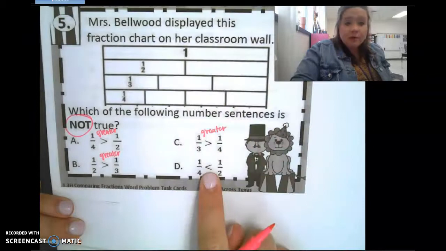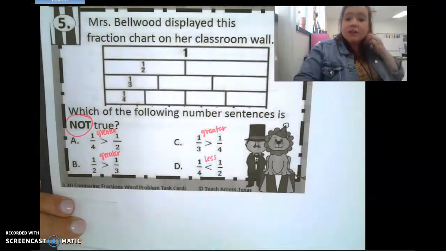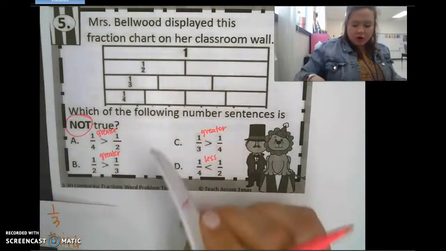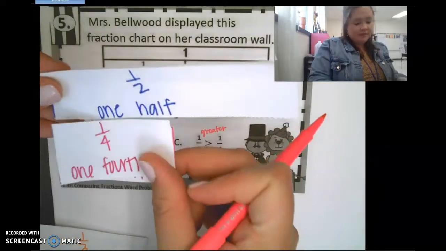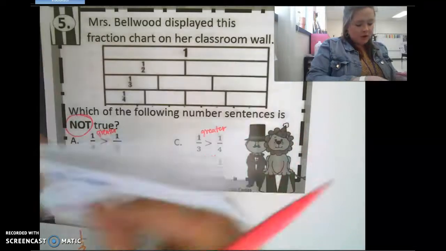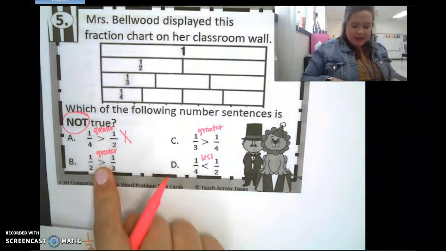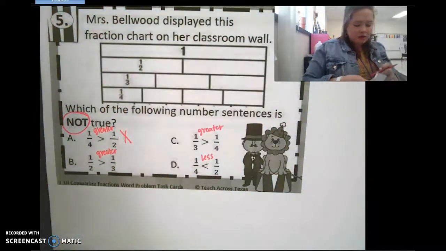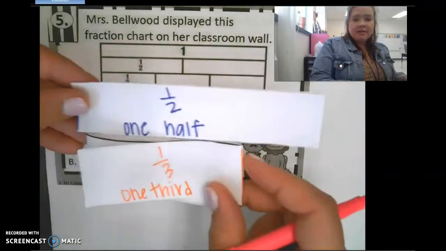What is that symbol? Awesome. Less. Good job. Okay. So 1/4 is greater than 1/2. Is that a true statement? No. Good job. 1/2 is greater than 1/3. Is that a true statement?